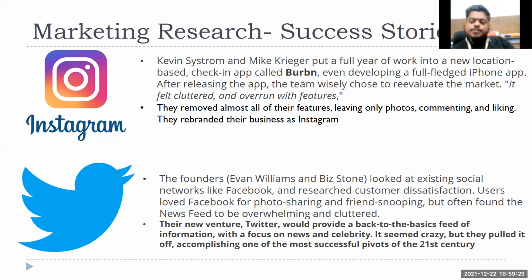Twitter looked into Facebook, Instagram, and other social media. And then they realized that if somebody wants to get certain information, it is very difficult, right? And you generally use social media to get information.